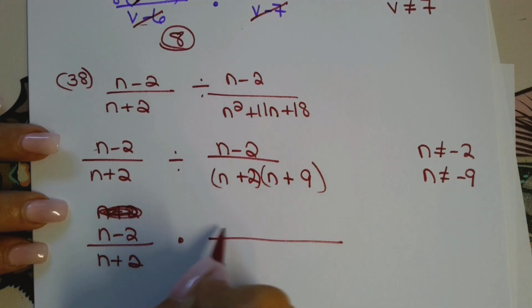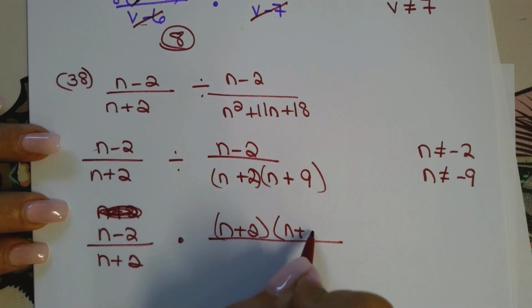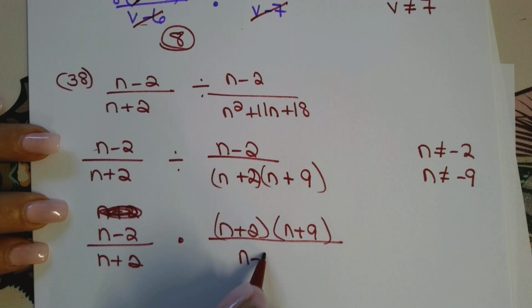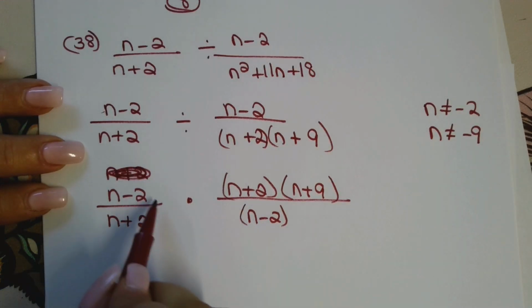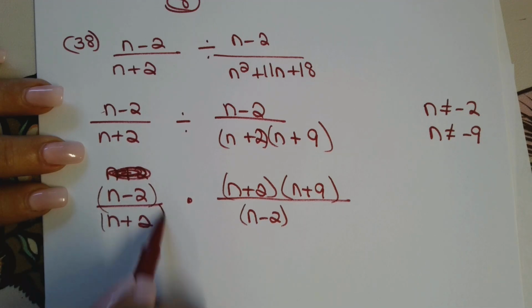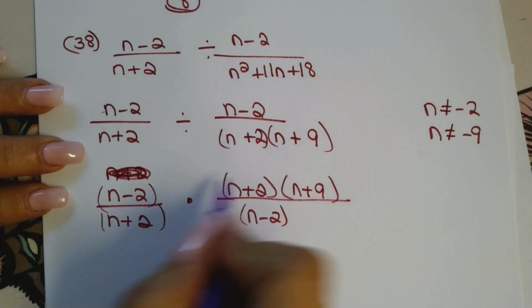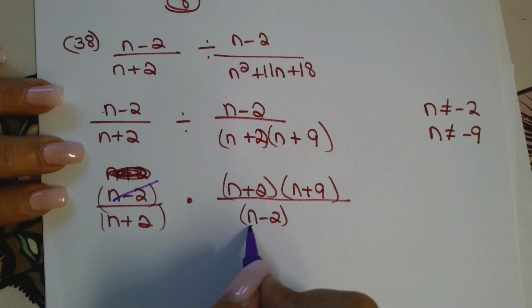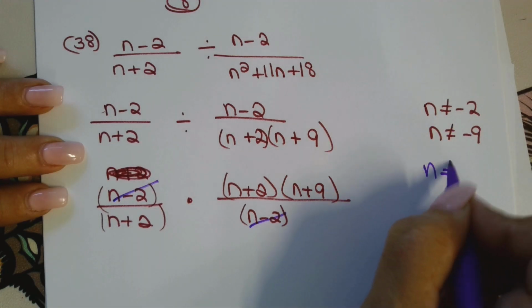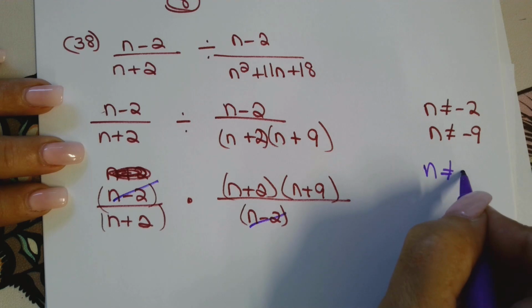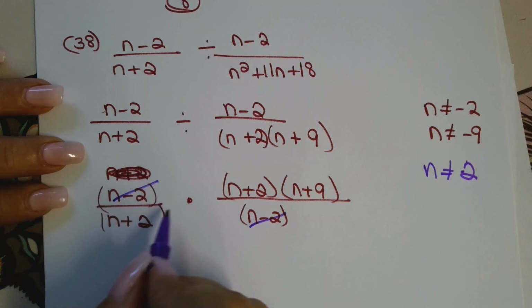Change that to multiplication. N plus 2, n plus 9, n minus 2. So off we go and start canceling. We have an n minus 2, n minus 2. So n cannot be positive 2. That's a new one.